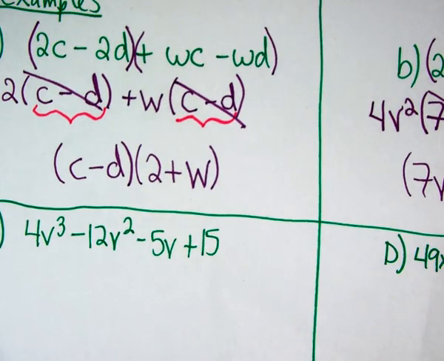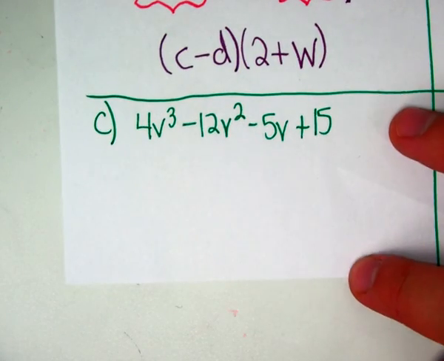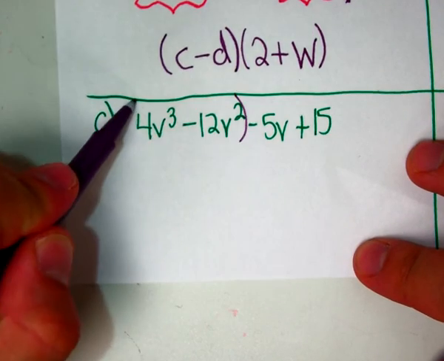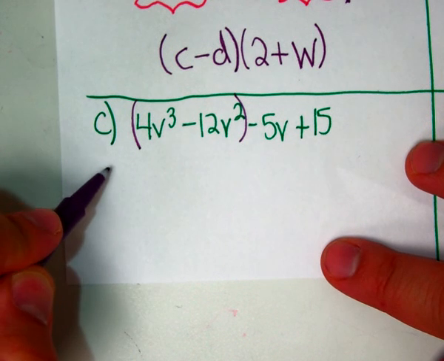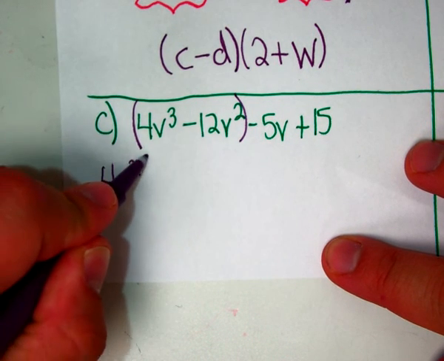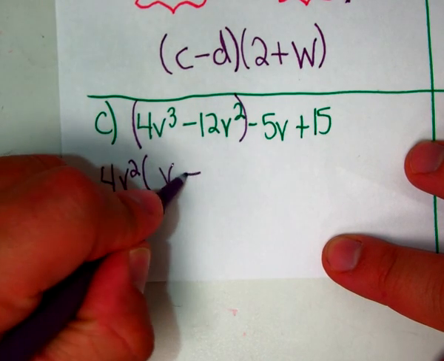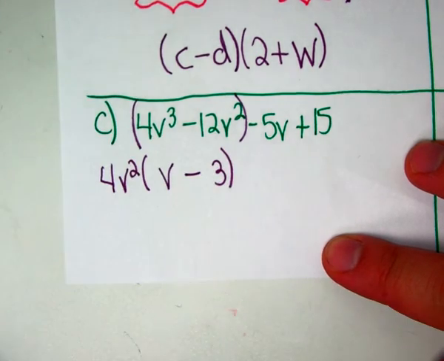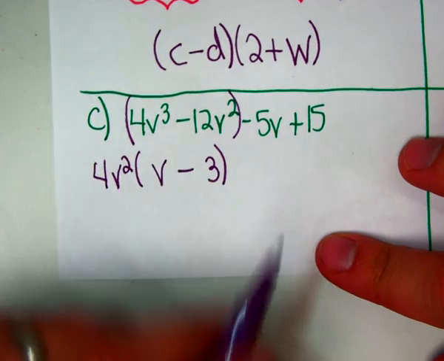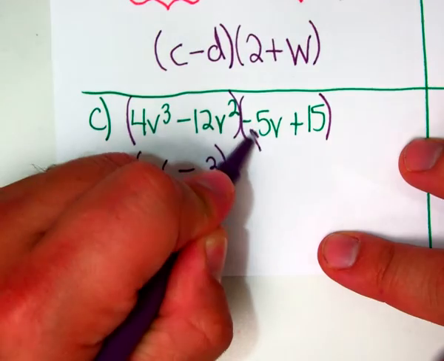Okay. A couple more. Again, write it down, pause it, try it, and then check your answer. So on this one, the biggest that they're divisible by is a 4. So we have 4v squared, because there's 3 here and 2 here. They only have 2 in common. We're left with a v minus 3. And then for negative 5v plus 15, because the leading term is negative again, we have to take out a negative.